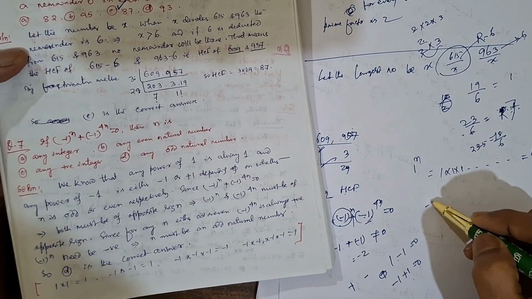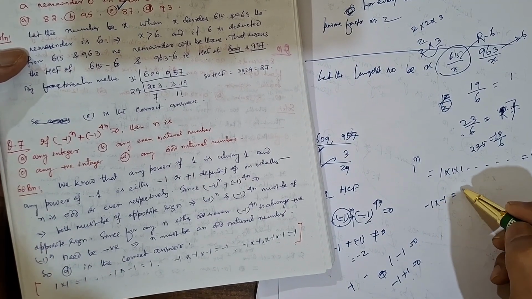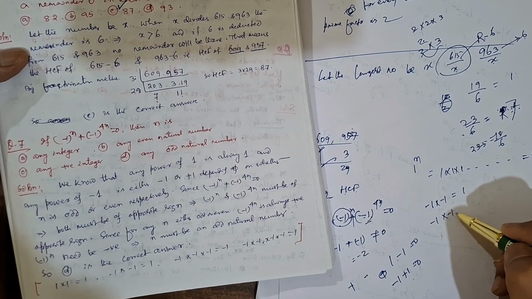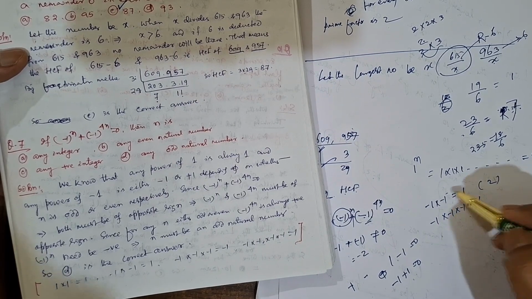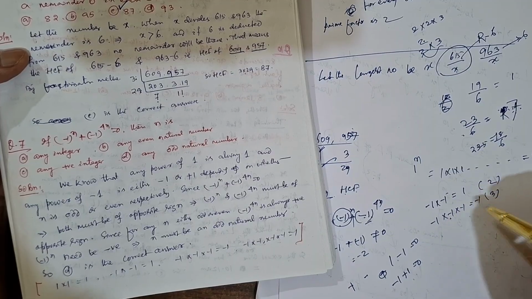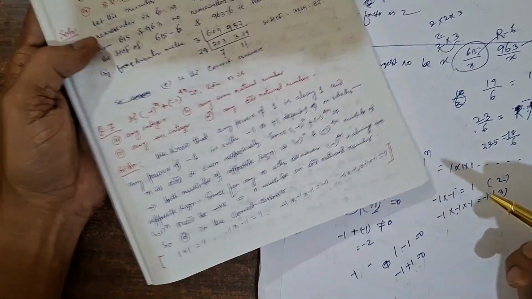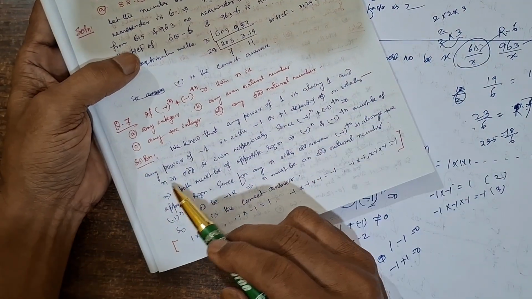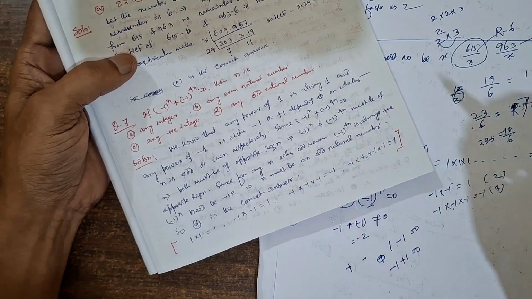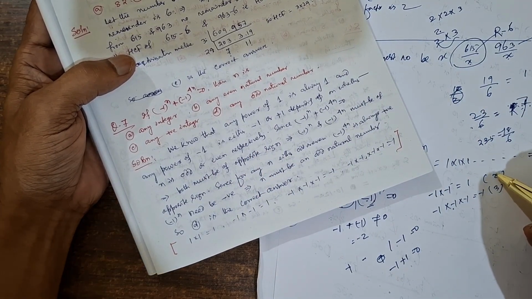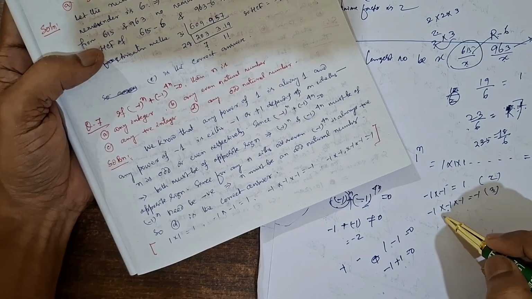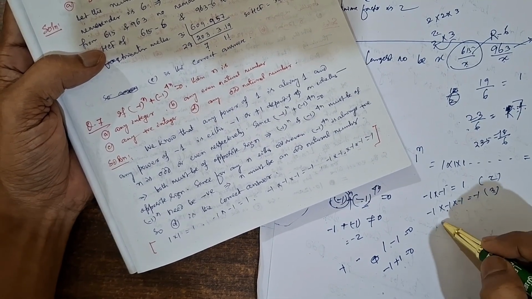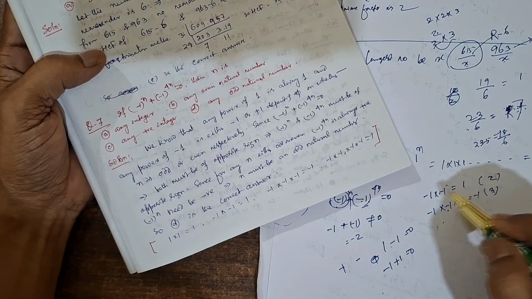But when -1 is multiplied, the result is not always -1: two times is positive, three times is negative, four times is positive. So if n is even, it is positive; if n is odd, it is negative.